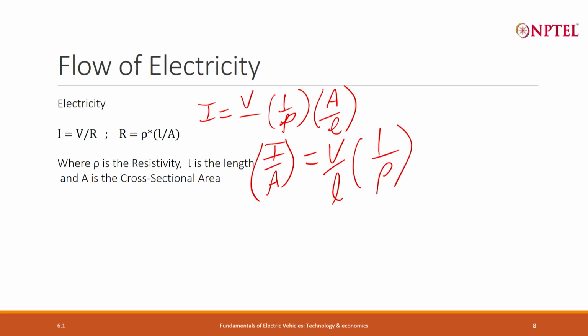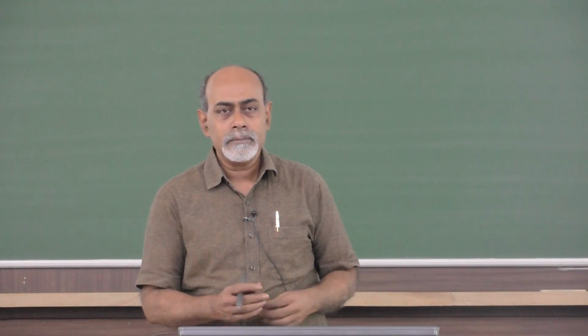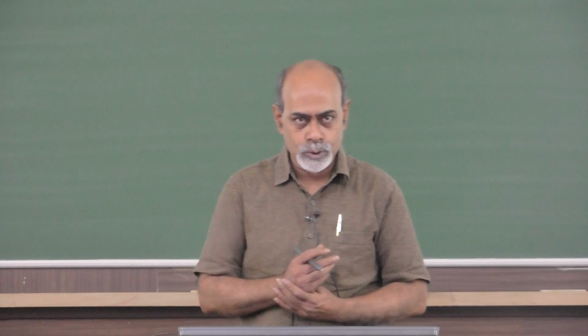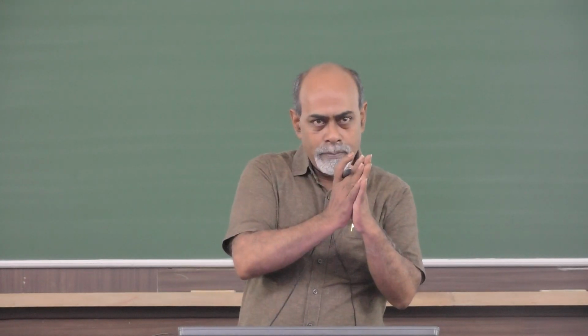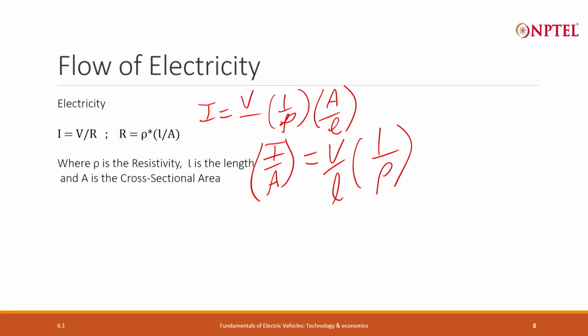Now, I divided by A is the amount of current that is flowing per unit area, per square millimeter, per meter squared, whatever units I choose, and V by L is the voltage drop per unit length, per meter or per centimeter, depending on the units I choose.